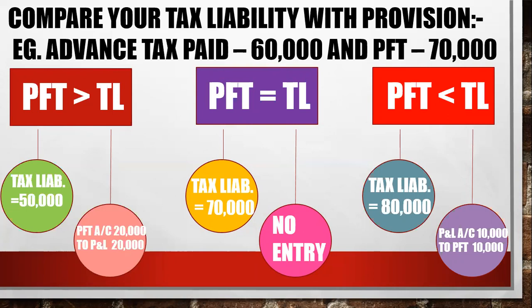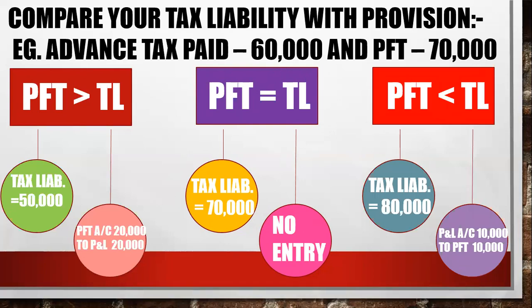Clear that? I have taken 3 examples over here. PFT is more than your tax liability, PFT is equal to your tax liability, and PFT is less than your tax liability. Once you find out that your PFT is less than your tax liability, you have to create your PFT from profit.